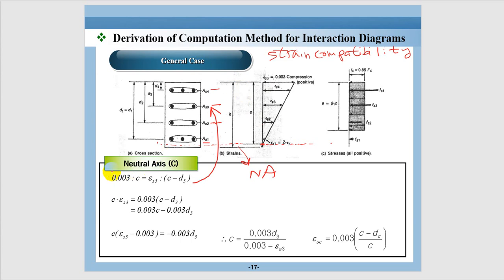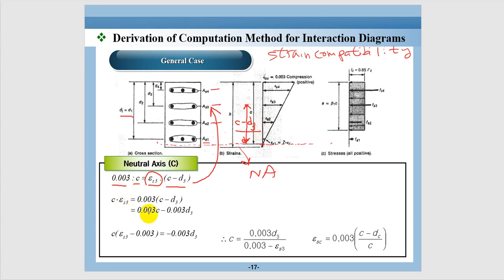So that we have 0.003 versus C, and we have a compressive strain in the third layer versus C minus d3. d3 is the distance from the third layer of rebars to the neutral axis. This is C minus d3. Alright, okay.